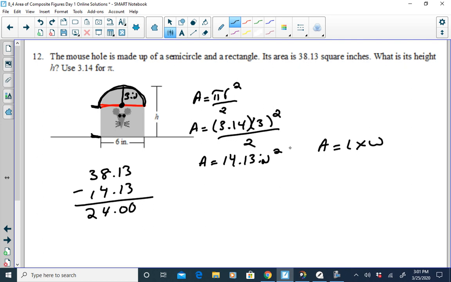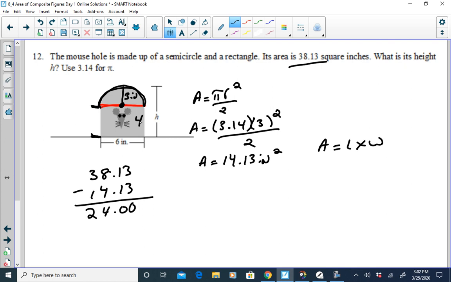How do I know that it's 24? Well, because we know that the total area of the mouse hole is 38.13. I know that the semicircular part of that is 14.13. So by subtracting the 14.13 from 38.13, we get 24 left for the area of the rectangular part of the mouse hole. 6 times 4 would be 24, so I know that this is 4.